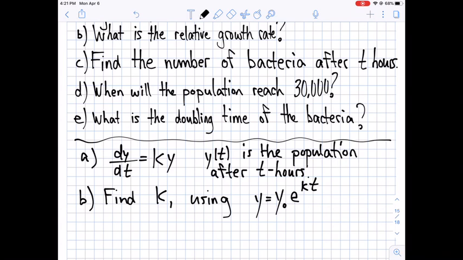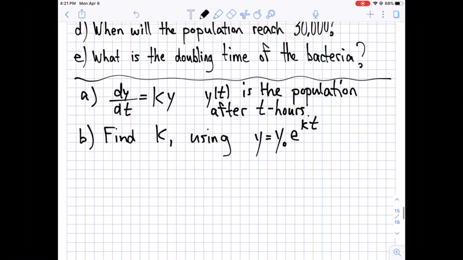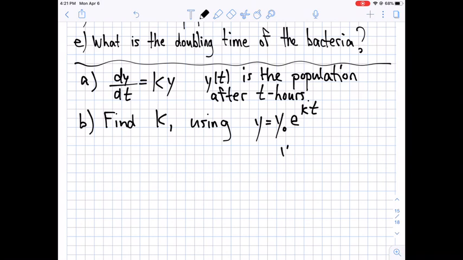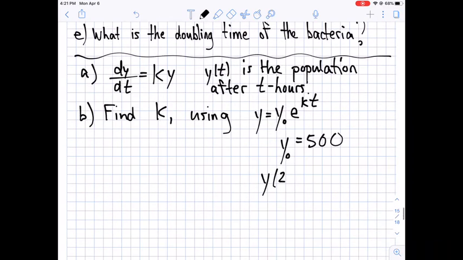And we know y0, that's going to be the initial quantity. So going back up, we have that we started off with 500 bacteria, so that's y0. And we also know that y of 3 hours was 8,000, so let's fix that.